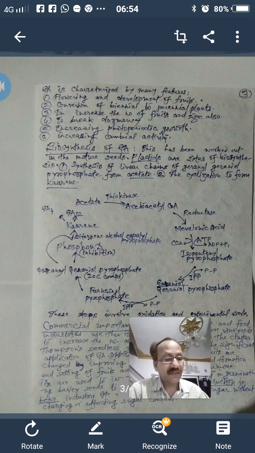Six, increasing cambial activity. Cambial activity means the cambium is activated tremendously here.